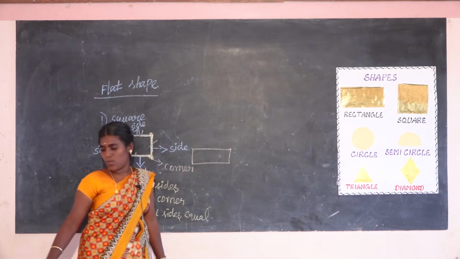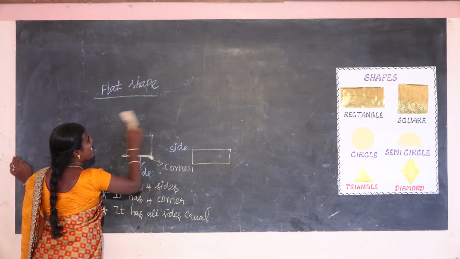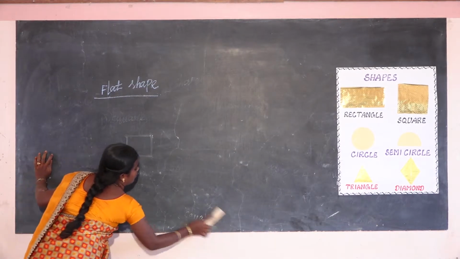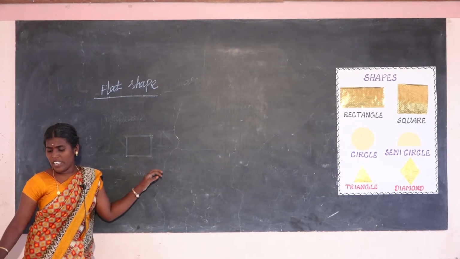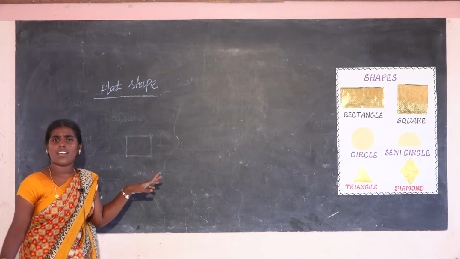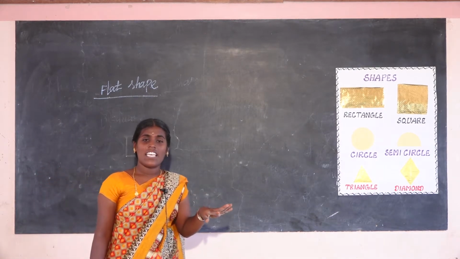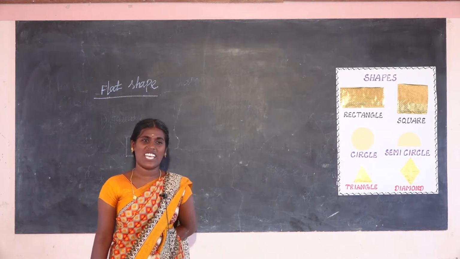The next one goes to rectangle. Next one is what? Rectangle. Another thing: do you see square boxes in your daily life? Yes, like in chess.